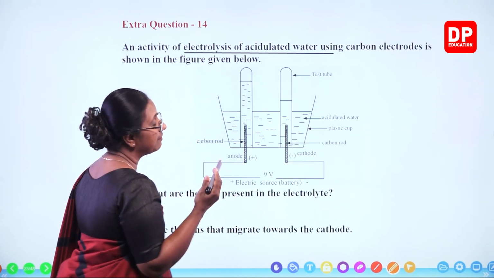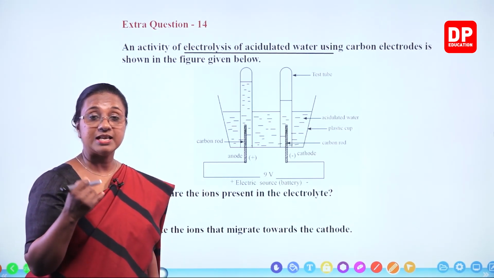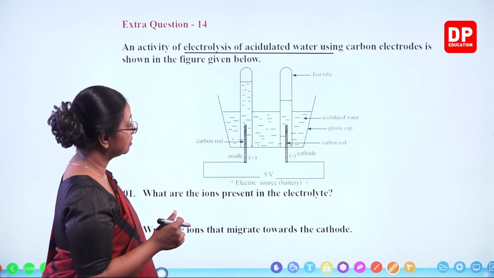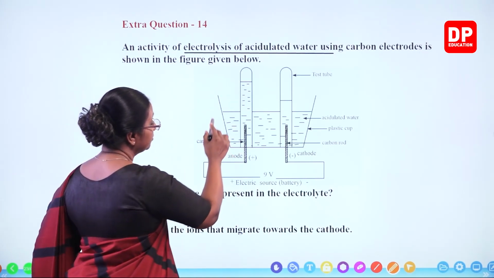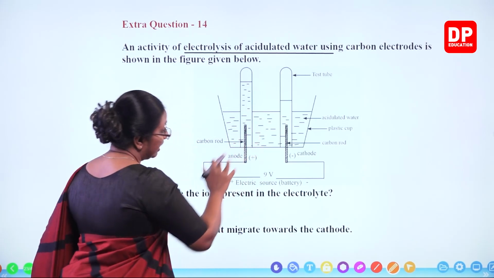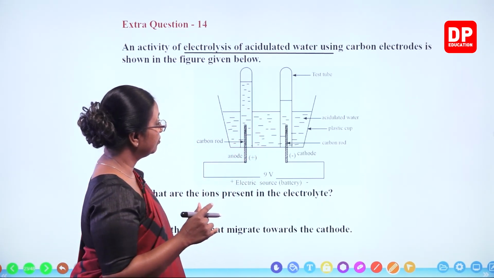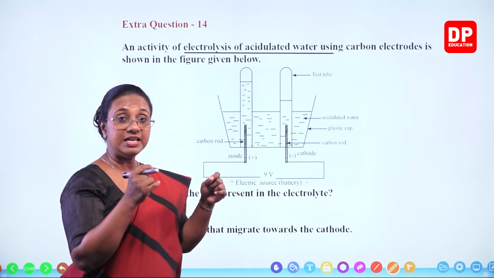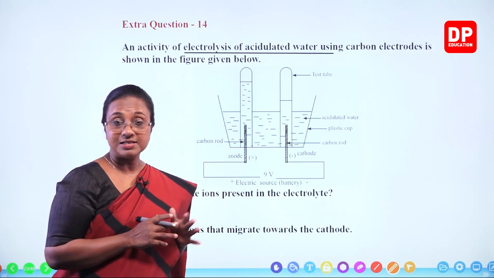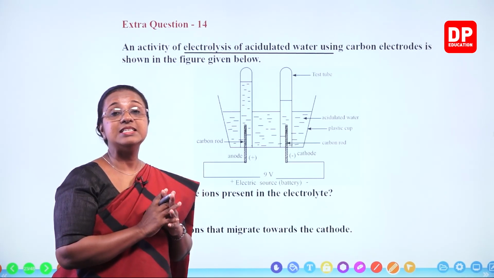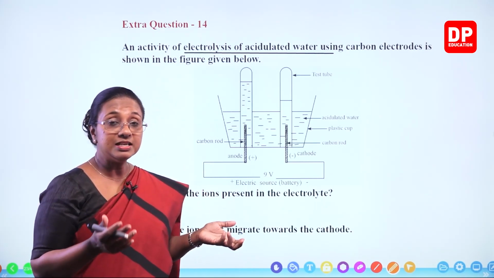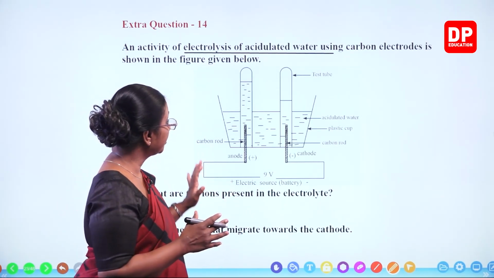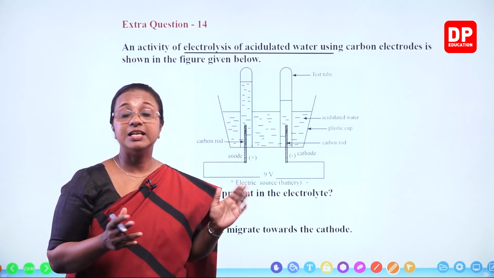We add dilute sulfuric acid, a small amount, to distilled water to get acidulated water. Then to the plastic cup, before we take water in it, two holes are made and the carbon rods are inserted into the plastic cup, and then it is sealed either with silicone gel or wax, or even PVC, in order to make sure that the water does not leak.